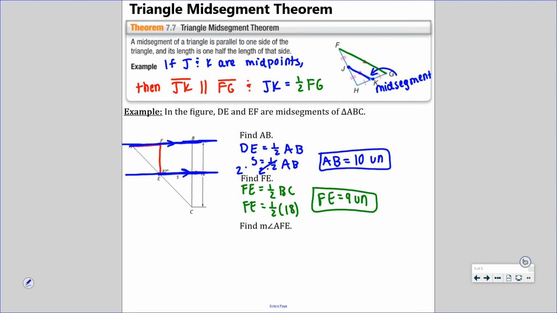So you can think of FE as a transversal. And if they want us to find this angle measure, and you're like, oh, I see this one's 87. What relationship do we have going on here? Alternate interior angle. See that? Alternate interior angle. So that one's also going to be 87 degrees. I would put this in your notes so you know why.